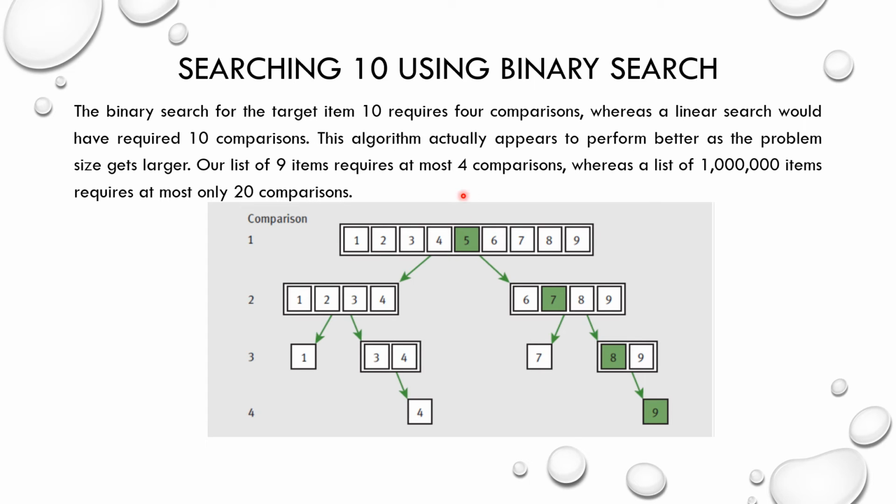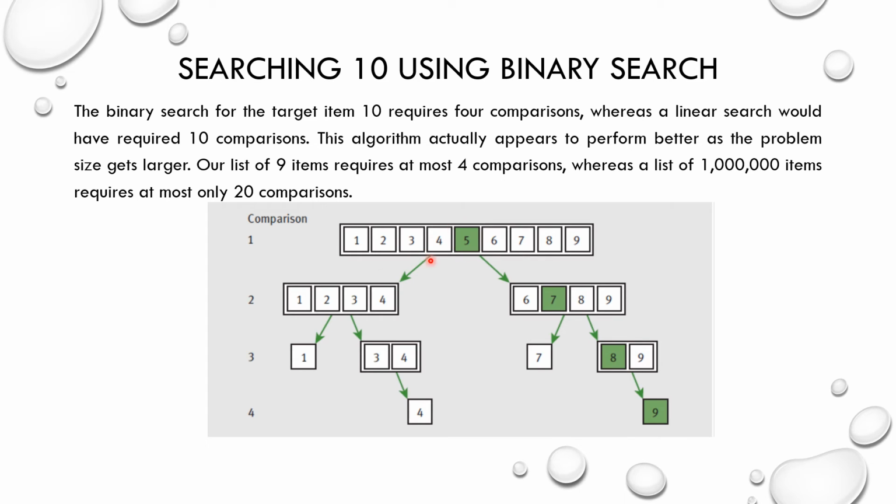First we calculate the middle of this array, and the middle of this array is 5. Then we compare 10 with 5. When we compare it with 5, we find that 10 does not match with 5.